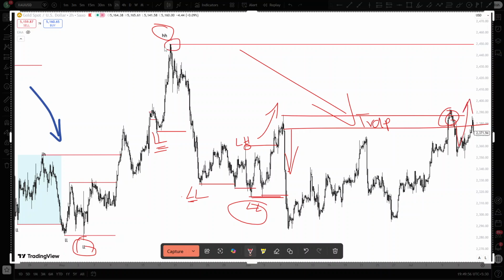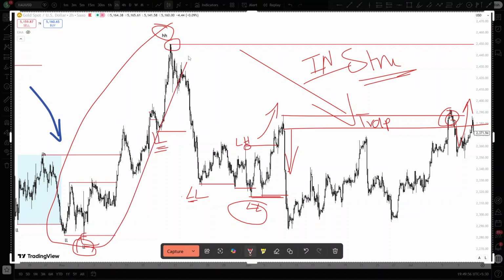Why? Because this is our true high, this is our true low. Whatever is happening inside here is internal structure. It is the internal structure of this structure. Why am I saying this?